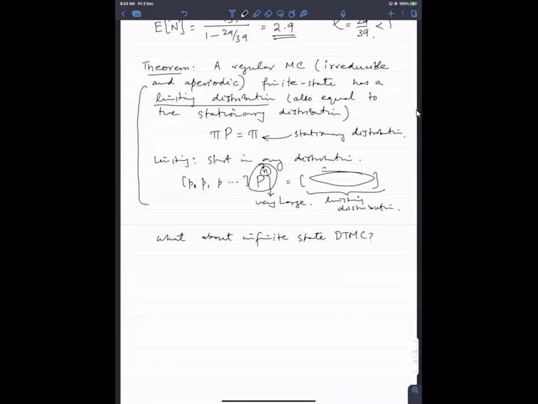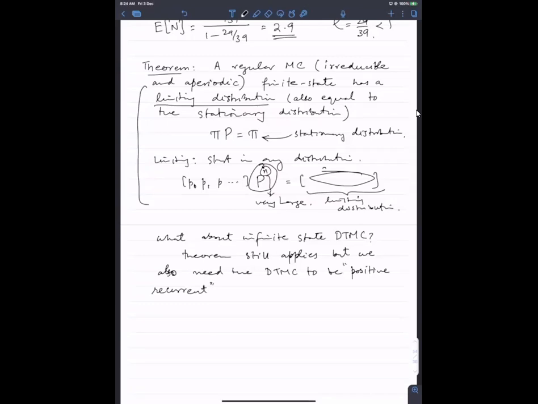Well, it seems that this theorem still applies, but we also need the Markov chain to be what we call positive recurrent. What does positive recurrent mean?